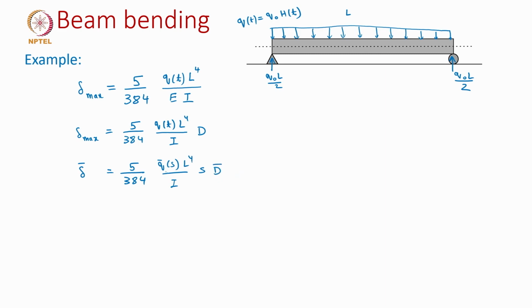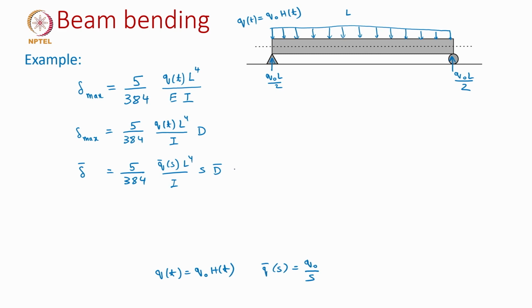We also need to replace what is Q of s. Since we know that Q of t is Q naught times H of t, the Laplace transform of this is Q naught by s, because the Laplace transform of the step function is simply 1 by s.